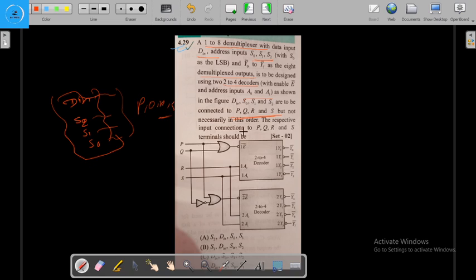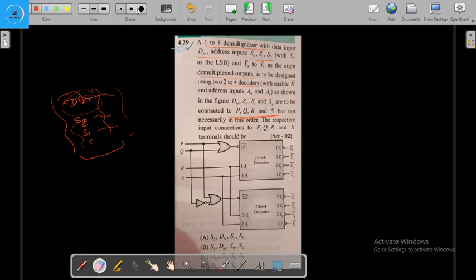Now it is saying that we are going to create the 1 to 8 demultiplexer using the 2 to 4 decoder and some logic gate, given our data input D in and the select lines. So it's asking in which order we should provide D in, S2, S1 and S0. Okay, so we have understood the question properly.